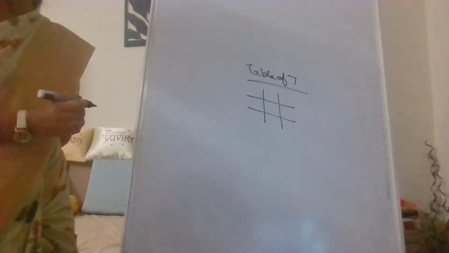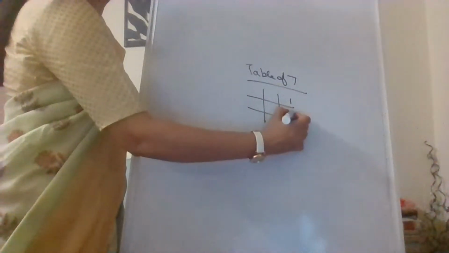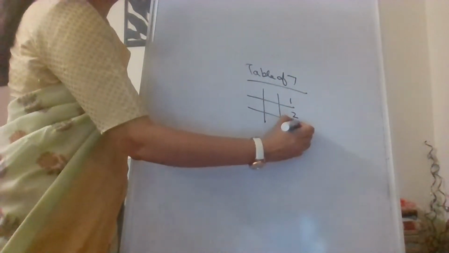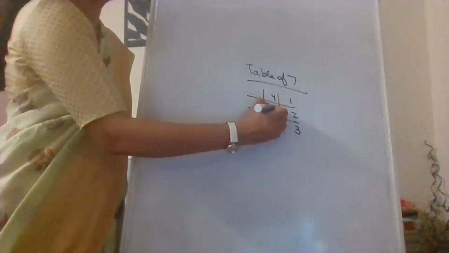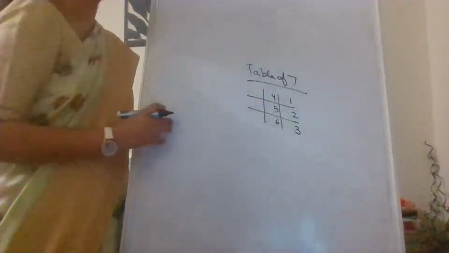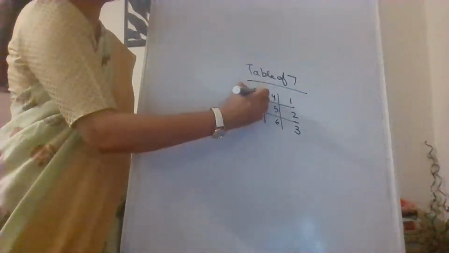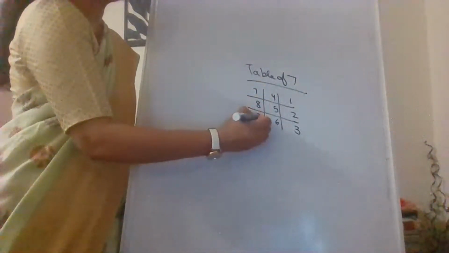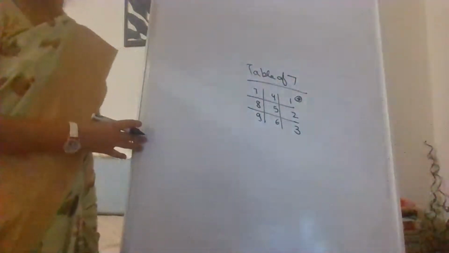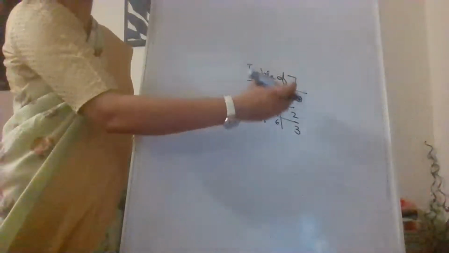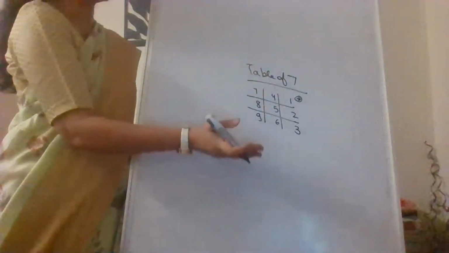What you have to do, your game will start from here. 1, 2, 3. Okay? 4, 5, 6, 7, 8, 9. From here our game starts. And we have written down the sequence. 1, 2, 3, 4, 5, 6, 7, 8, 9.